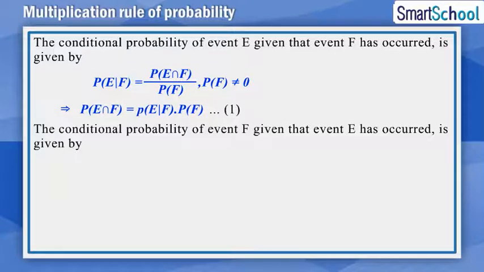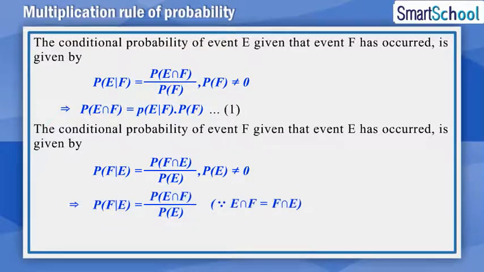Similarly, the conditional probability of F, given that event E has occurred, is equal to the probability of F intersection E divided by the probability of E, such that the probability of E is not equal to 0.